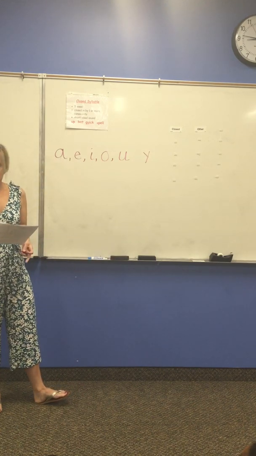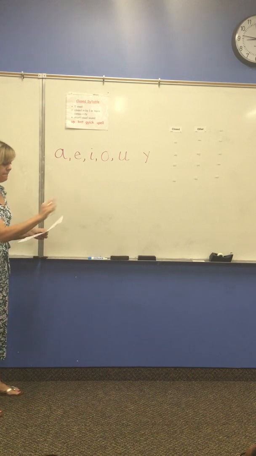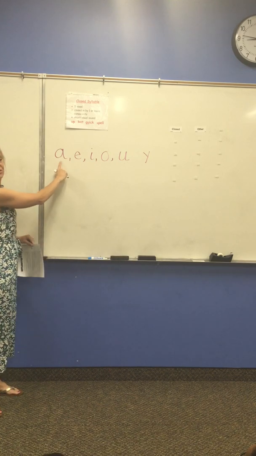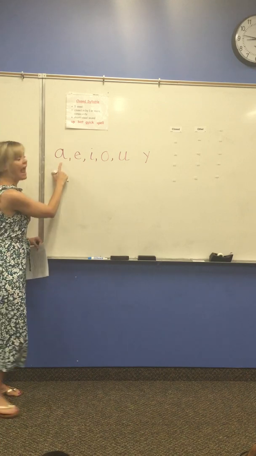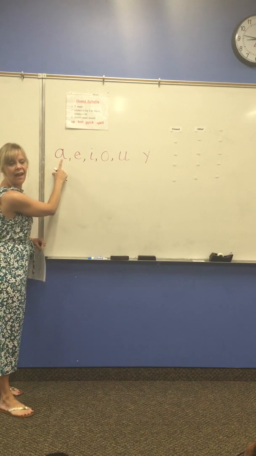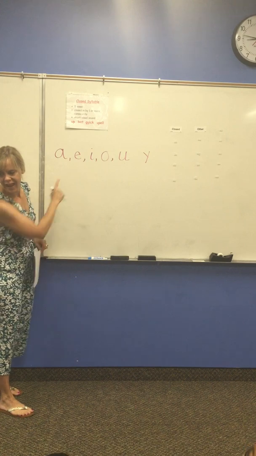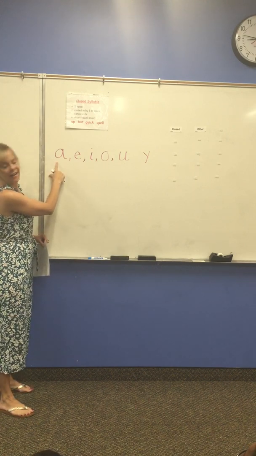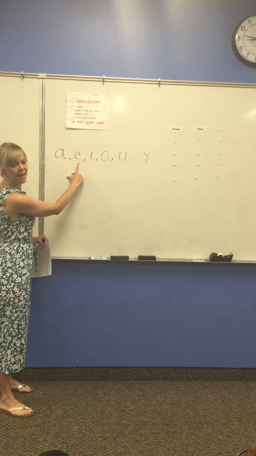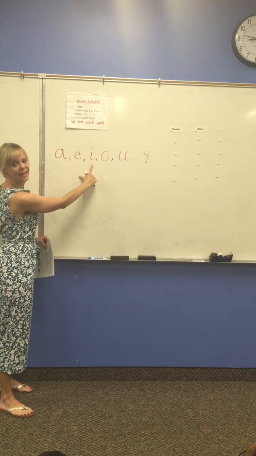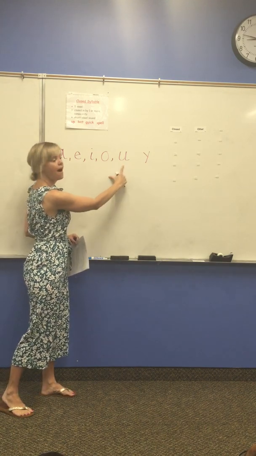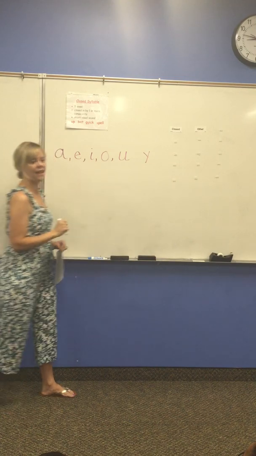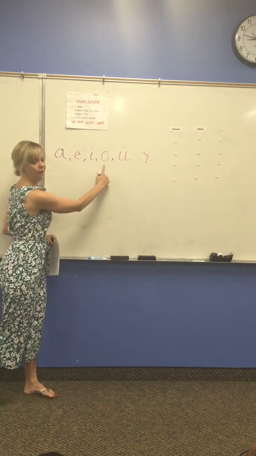Let's review the short vowel sounds, okay? What's the short vowel sound for A? Okay, my turn. A. What sound? A. My turn. A. Your turn. E. I. Okay, your turn.